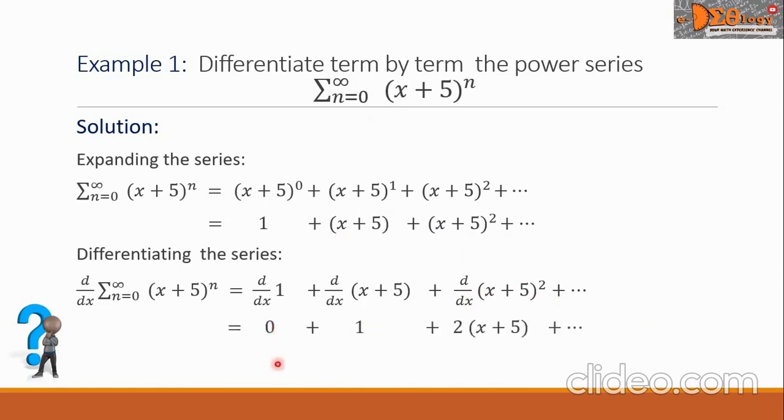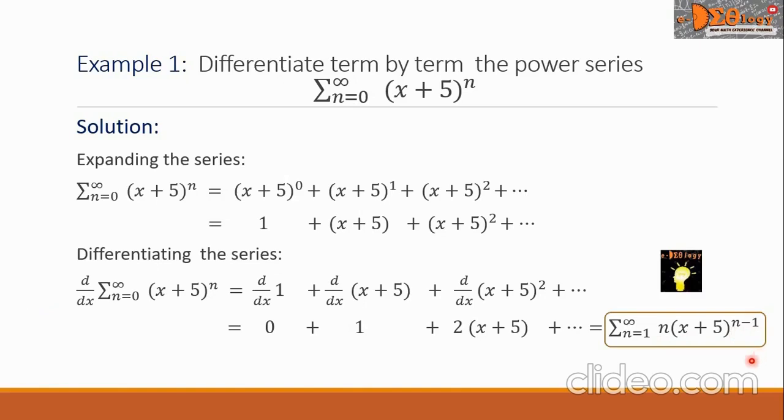Evaluating this now, we have this 0 plus 1 plus 2 times the quantity x plus 5 plus and so on. And we can write the new series into summation from n equals 1 up to infinity of n times the quantity x plus 5, and that is raised to n minus 1. This is the final answer.